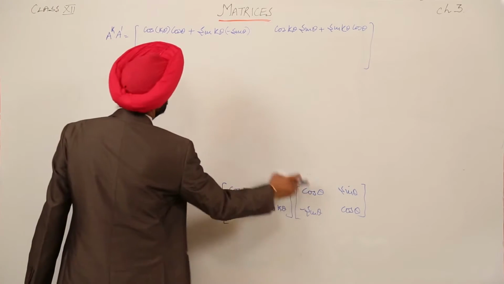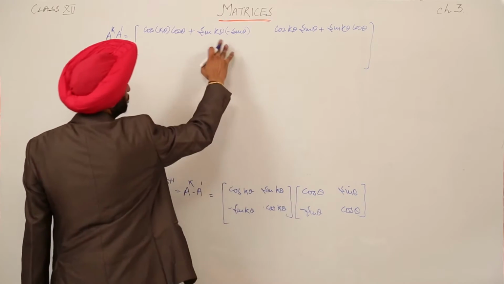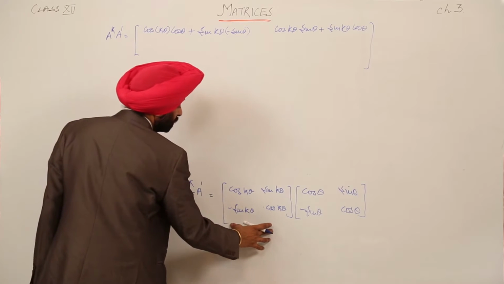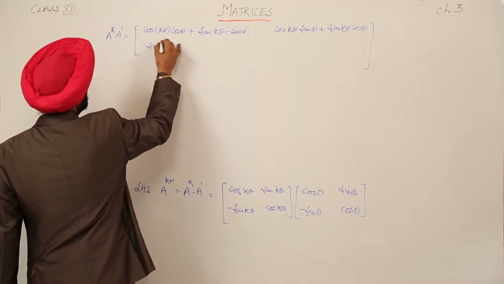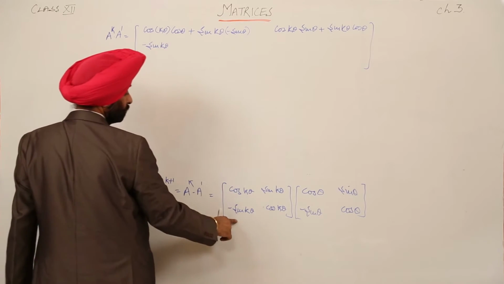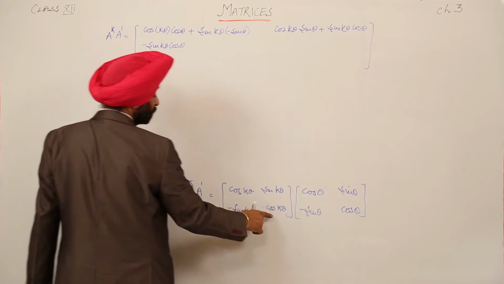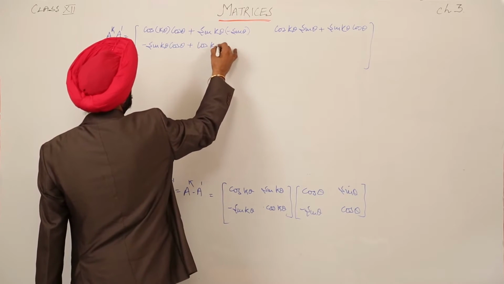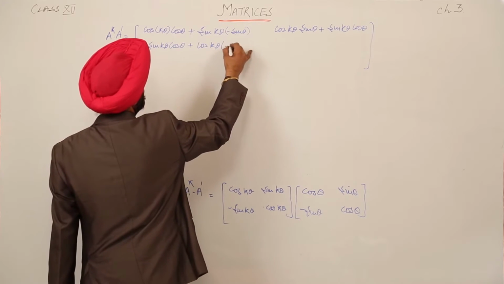Cos k theta cos theta, sin k theta minus sin theta. Okay. Similarly, second row, first column, minus sin k theta with cos theta, cos k theta with minus sin theta.